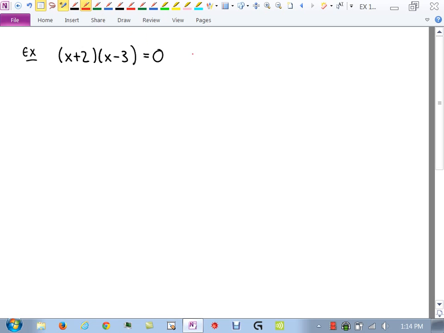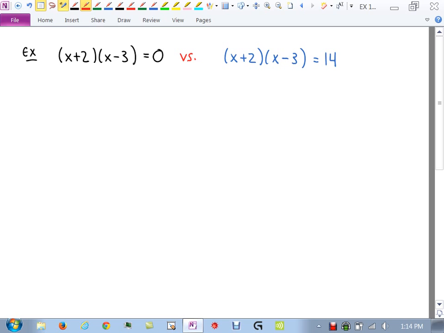I want you to compare that versus this problem: x plus 2 times x minus 3 equals 14. So we're comparing 2 problems here. That's supposed to be a versus in the middle.